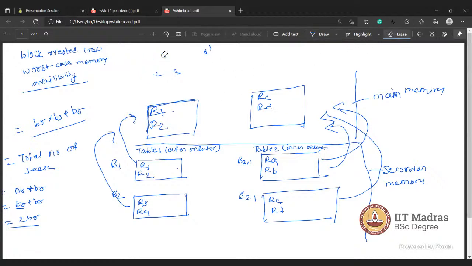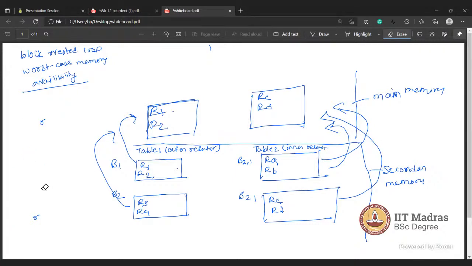So for nested loop join, block transfers are NR plus BR, right?